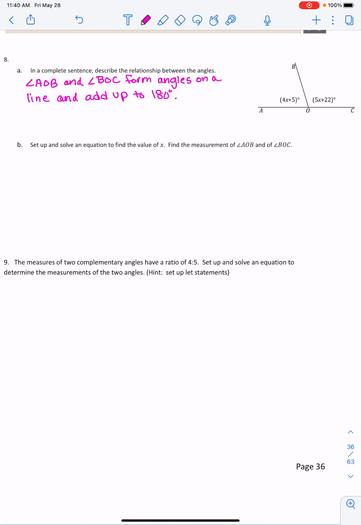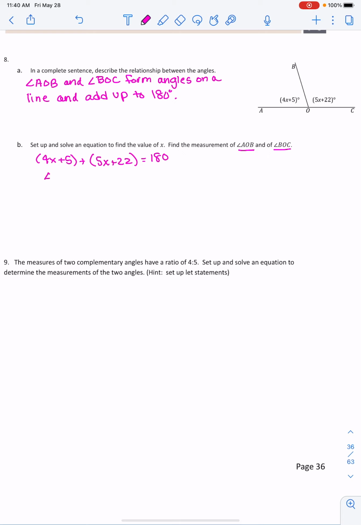Next, it says set up and solve an equation to find the value of x and find the measurement of AOB and BOC, here and here. Okay, so let's do that. We have 4x plus 5 plus 5x plus 22, and that's going to equal 180 degrees.